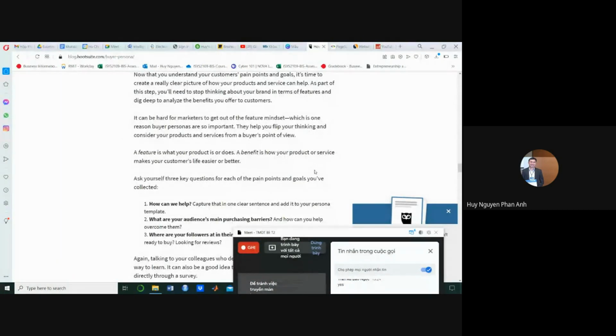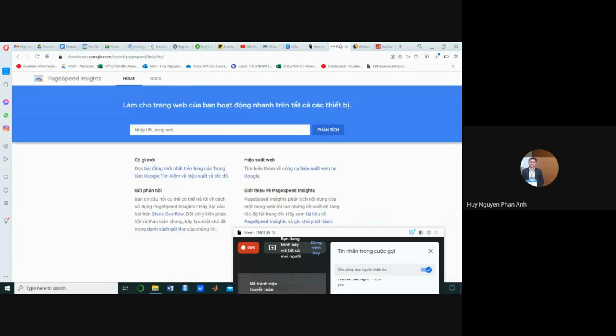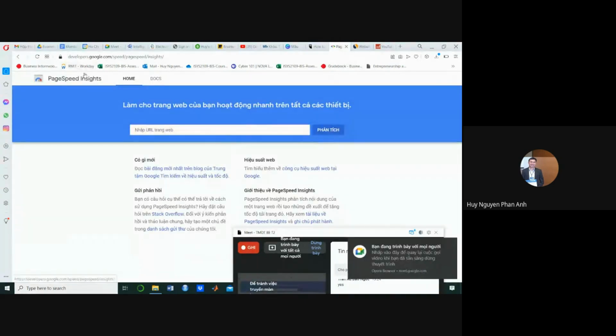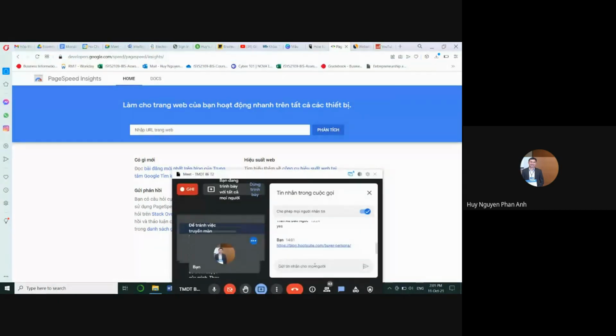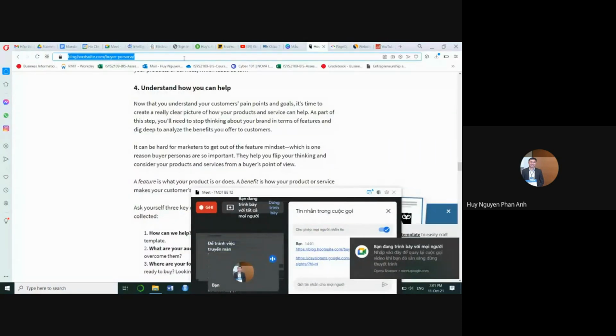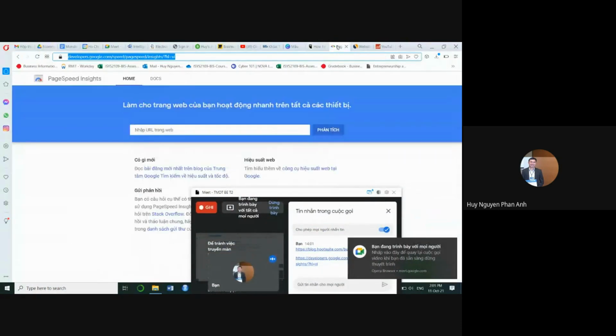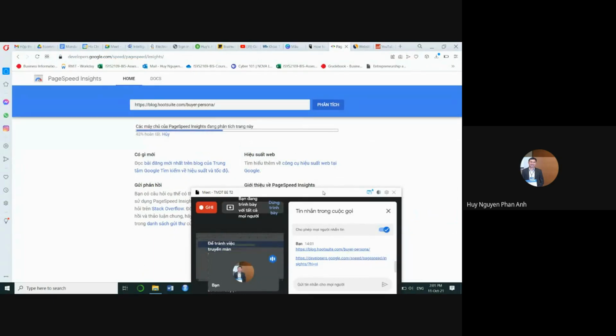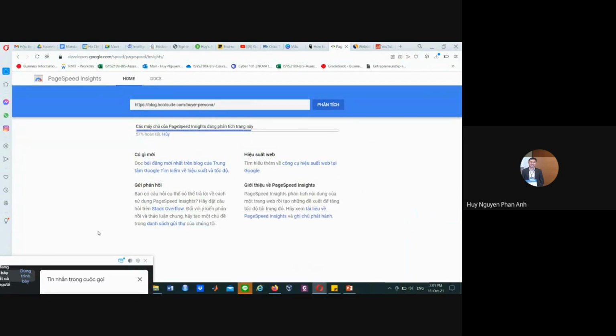The next tool I would like to introduce is about how to measure the performance of your website. You should use PageSpeed Insights to measure the speed of your website. For example, I want to measure this one, the speed of performance. So I put the URL here and analyze. You will put your website here to get the result.